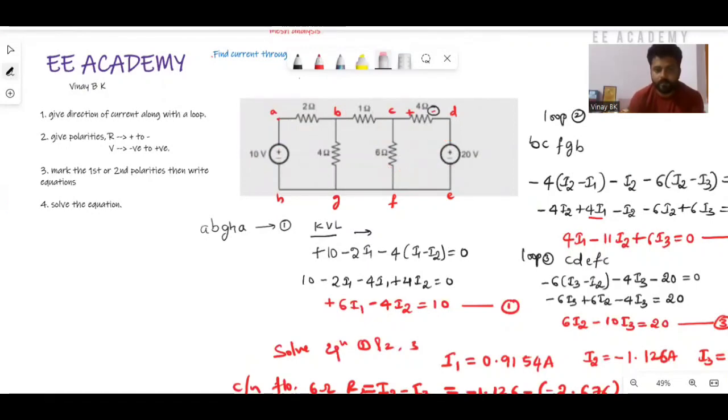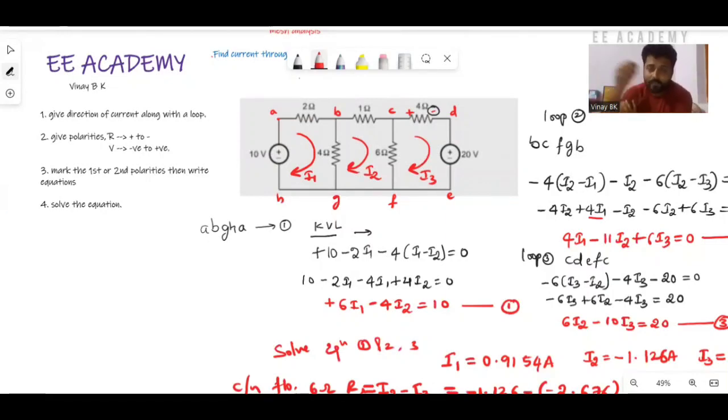First mark the letters or numbers, whatever you want. Then give the direction of current along with the loop if they are not given. I'm giving the direction of current along the loop, that is I1, I2, I3, either clockwise or anti-clockwise, anyone you can give. You will get the same answer, either positive or negative. If you get negative, the current is flowing in the opposite direction.